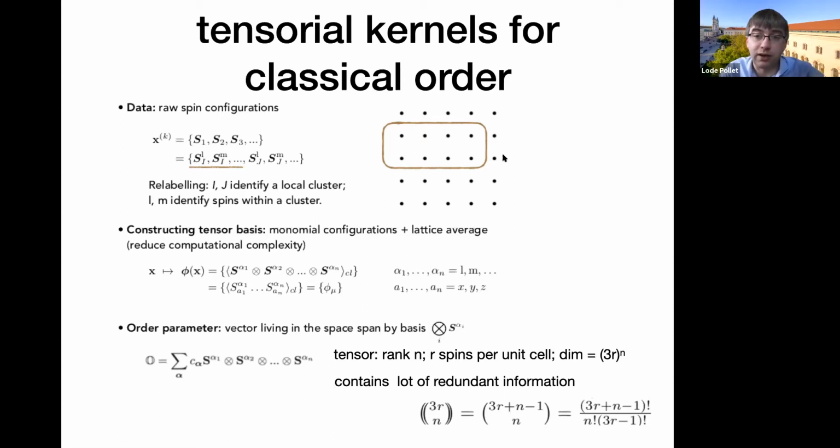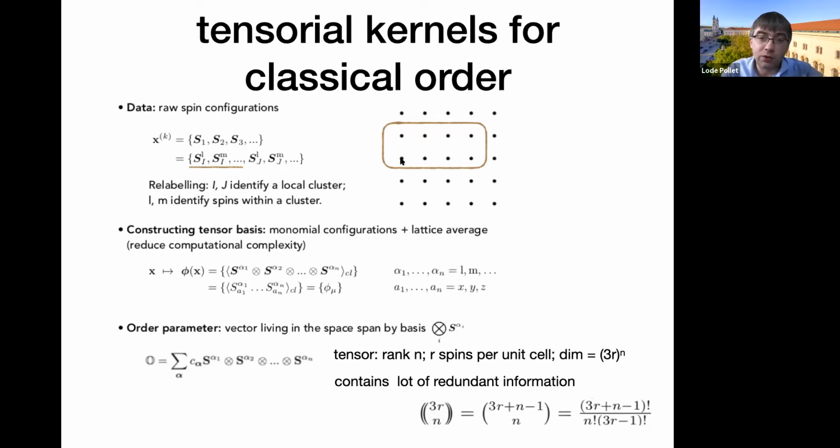You have your original lattice, and we will define a unit cell, which you see here. This is what we call cluster averaging. We will average the whole lattice so that everything is reduced to one unit cell. It doesn't have to be a physical unit cell. It is just a unit cell that you choose. It could be 2 physical or 3 physical unit cells.